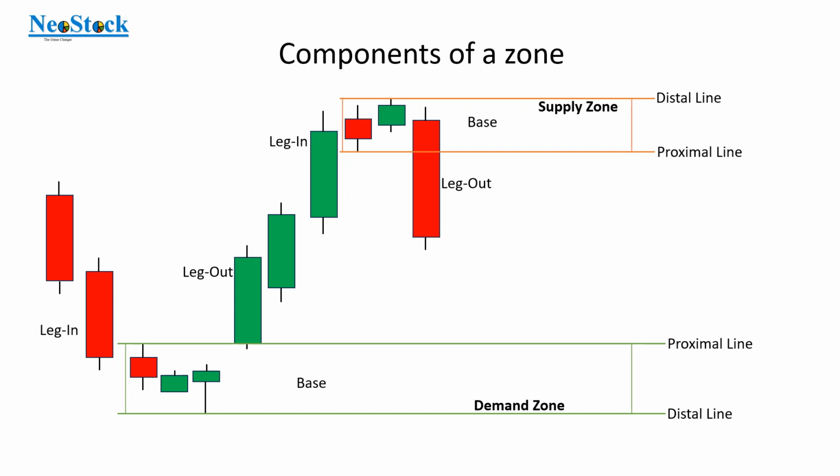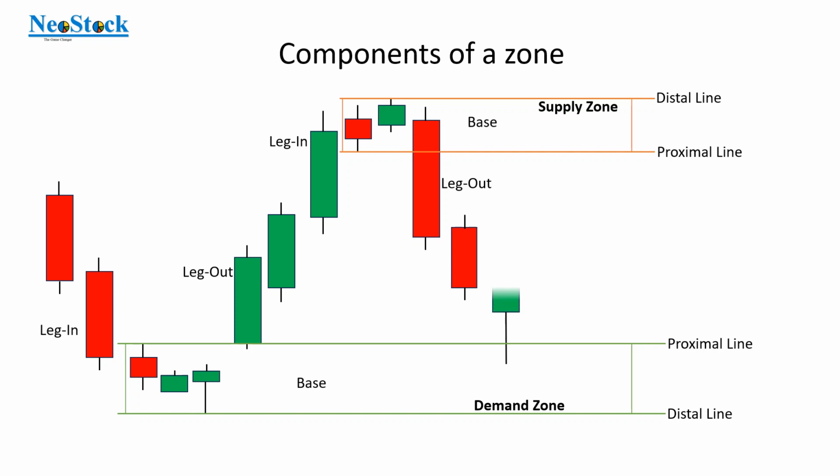Similarly, for a supply zone, the first component is a leg in, the second component is the base, and the third component is a leg out. What kind of leg out? It should be a drop candle. So these are the three components of a zone.